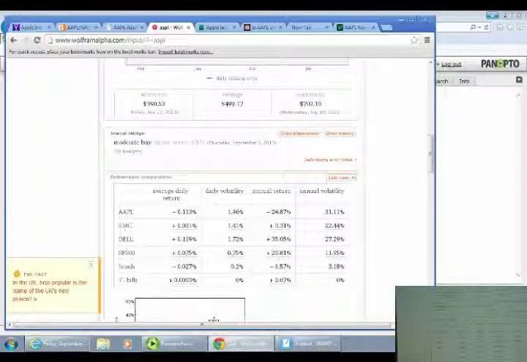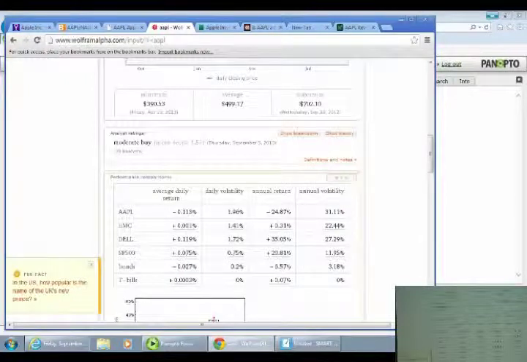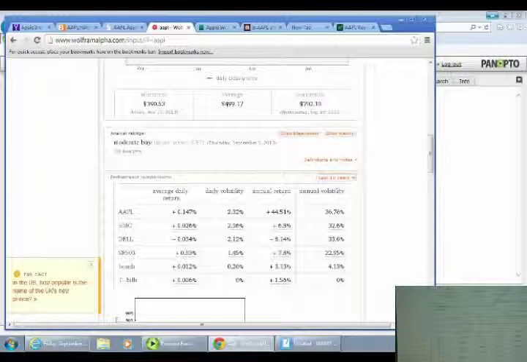It talks about volatility, average daily return, average daily volatility, annual return, annual volatility, and you can go over a long time period. If you want to look at the average annual volatility over the last 10 years, you see the average S&P volatility has been about 23%, and Apple has been significantly more volatile at 36%.